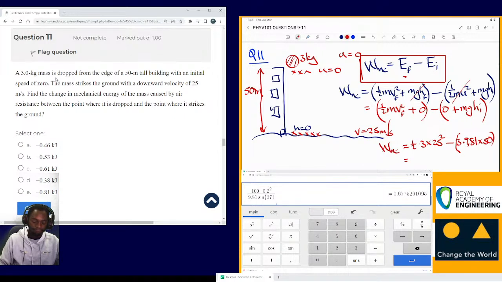Alright, so what's left is punching it in. That is our equation for the work done by non-conservative forces: it's equal to the final mechanical energy minus the initial mechanical energy. And you know that mechanical energy E is the kinetic energy plus the potential energy. You should be familiar with this equation.